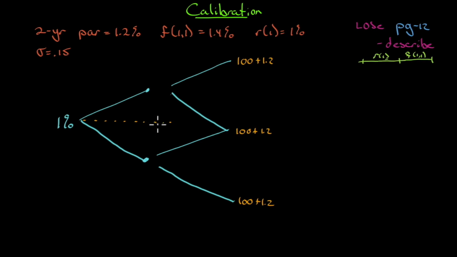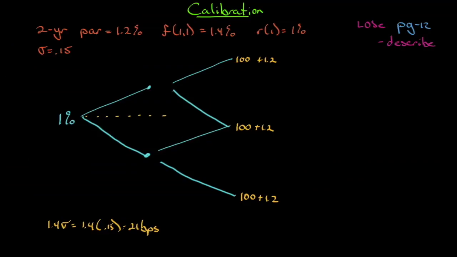So we want 1 standard deviation below, 1 standard deviation above. So we can take the 1.4, multiply it by our measure of standard deviation, which is 0.15. We'll get 1.4 times 0.15, and that'll give us 21 basis points. So if this is 1.4, 21 basis points down is 1.19, and 21 basis points up is 1.61.